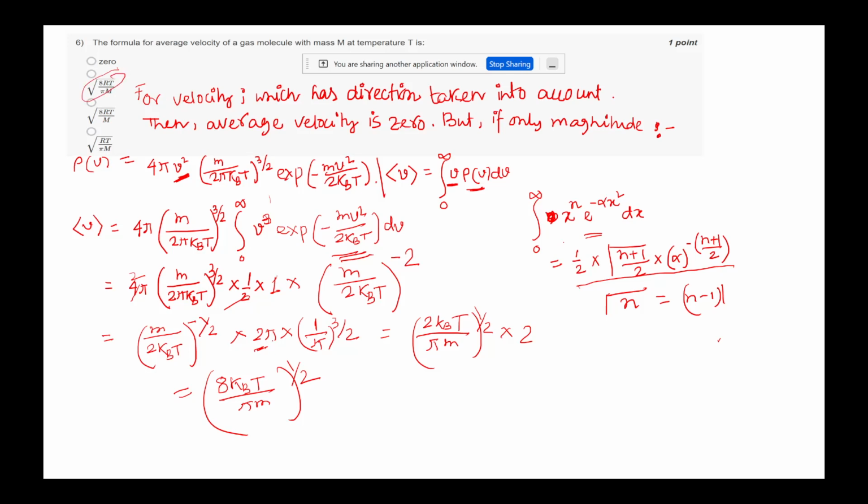Actually the answer should be 8 kbT by pi m, to the power half. If there is 1 mole of that, because R is Avogadro number N into kb. This is Boltzmann constant.